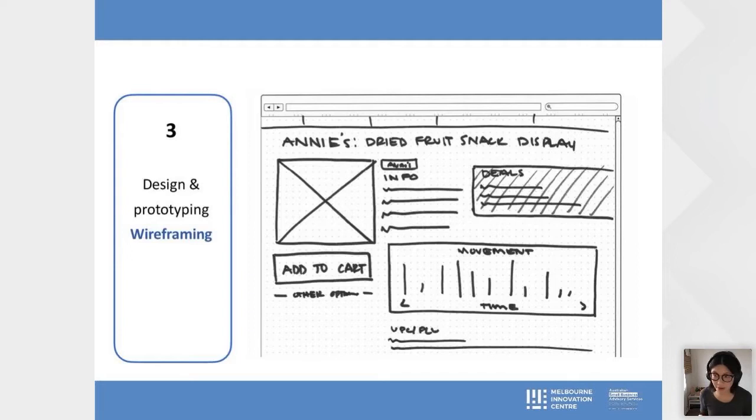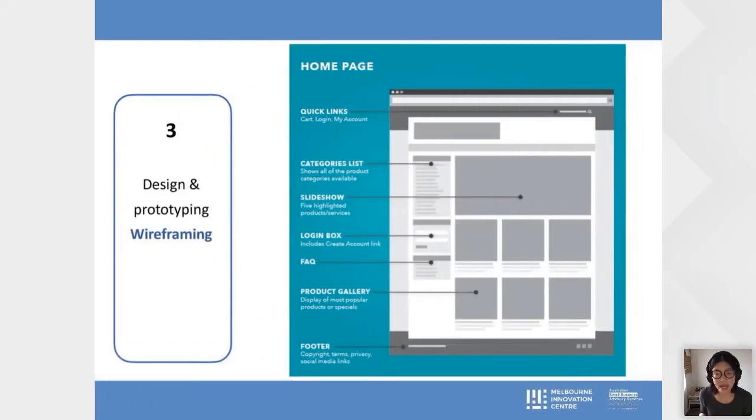But it's really rough, right? It doesn't really need to take that much time at all. You can go and make it look a little bit prettier by doing it online as well. So Miro is a great tool online that you could use to plan out a wireframe very easily for your website.